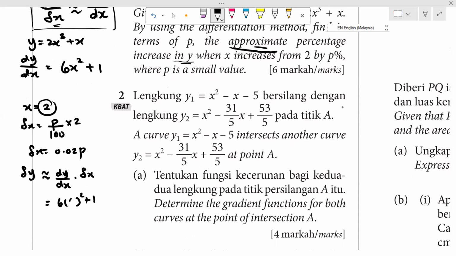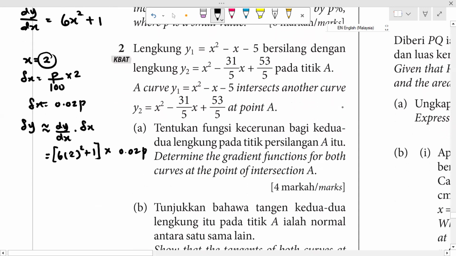Okay, so that is 25, and then times the whole thing, times 0.02p. Okay, let's calculate. 25 times 0.02 is 0.5. Right? 0.5p.